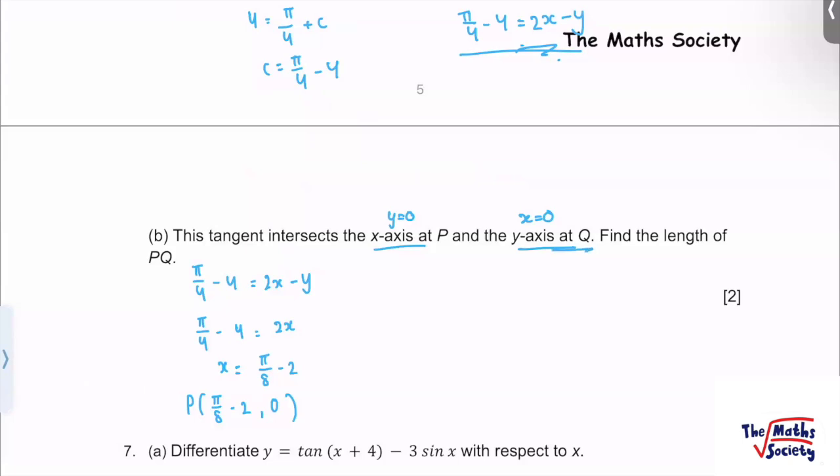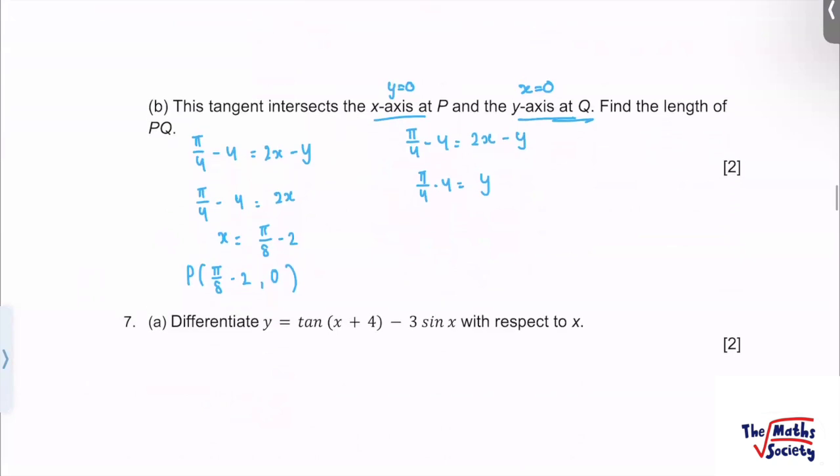And for Q, we still need to calculate PQ, so pi by 4 minus 4 equals 2x minus y, but x is equal to 0, so pi by 4 minus 4 equals minus y. So Q is 0, comma pi by 4 minus 4. And then you find the length of PQ.